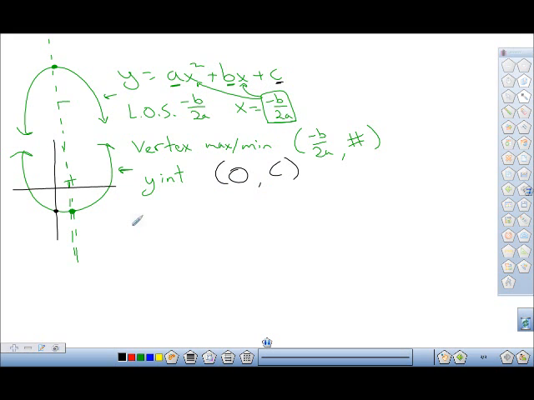And then the last thing we talked about were our x-intercepts, our roots, our solutions, or our zeros. All of them the same thing. You guys remember how you found those? It's where it crossed the x-axis. Remember how you found it before you graphed it, though?